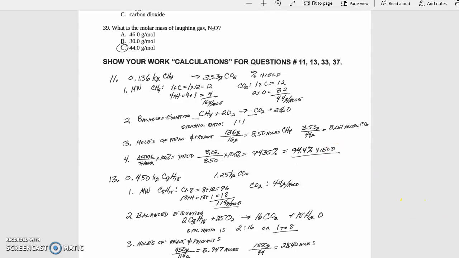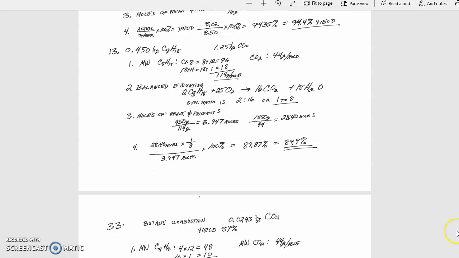We continue on. The next one, here we have 0.450 kilograms of C8H18. That's pentane, okay?